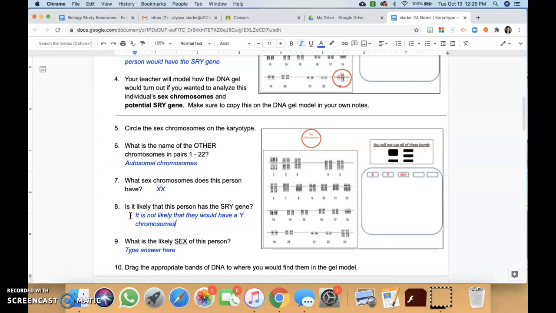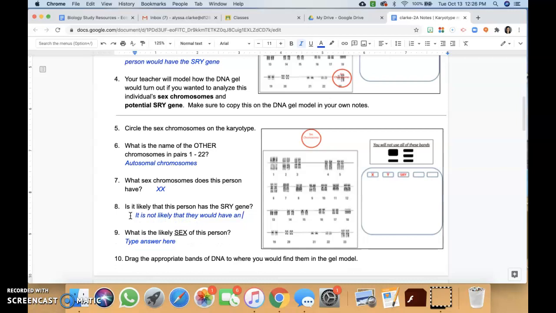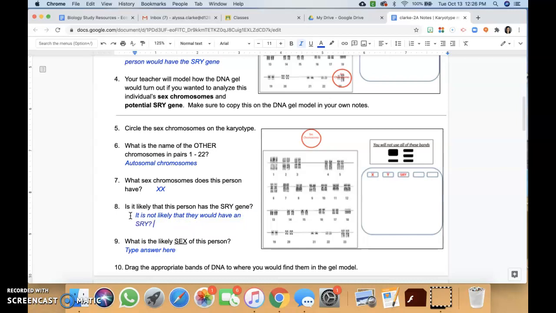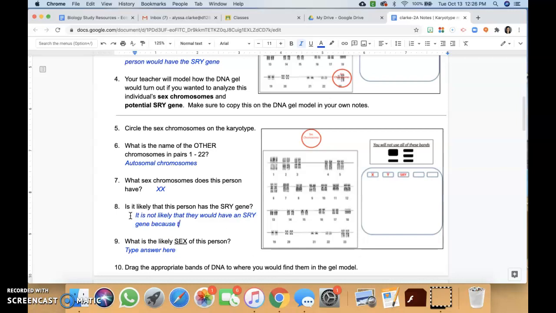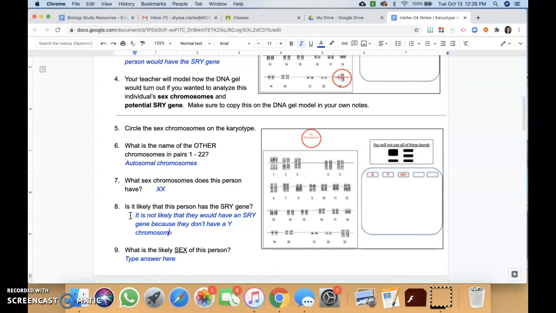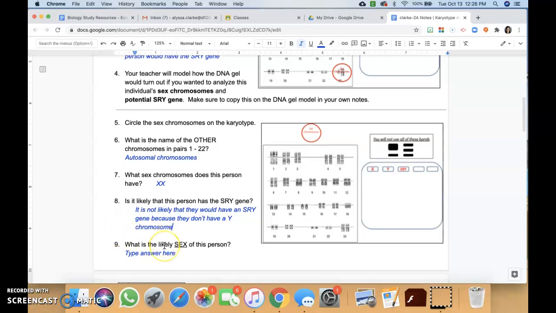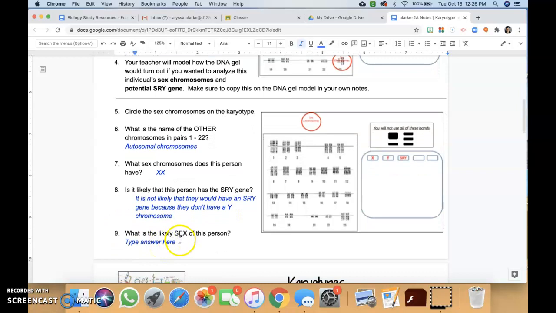What is the likely sex of this person? Well, if they have two X chromosomes, we would assume that they would be a female.